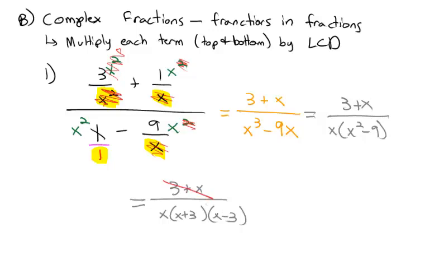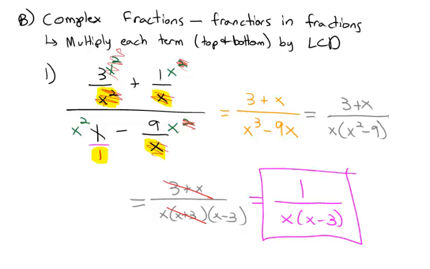And what you notice is the x plus 3's are going to divide out, leaving behind our solution. Notice everything divides out of the numerator. Anything divided by itself is 1, so we still need a 1 in the numerator, over x times x minus 3. And this is considered our simplified complex fraction, multiplying each term by the least common denominator.